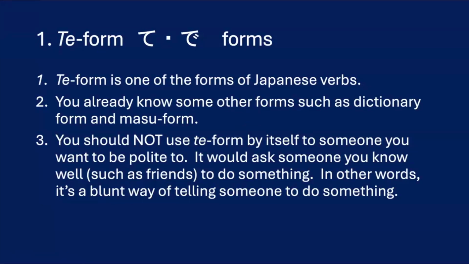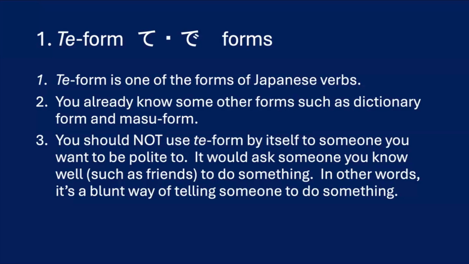One caution, you should not use te form by itself. You may have heard an expression like ちょっと待って. 待って is the te form of machimasu, matsu, to wait. But if you use matte, then you're asking someone to wait in a very casual or very direct way.